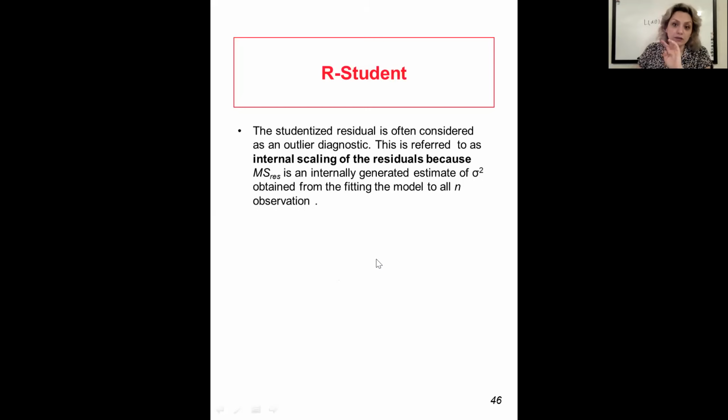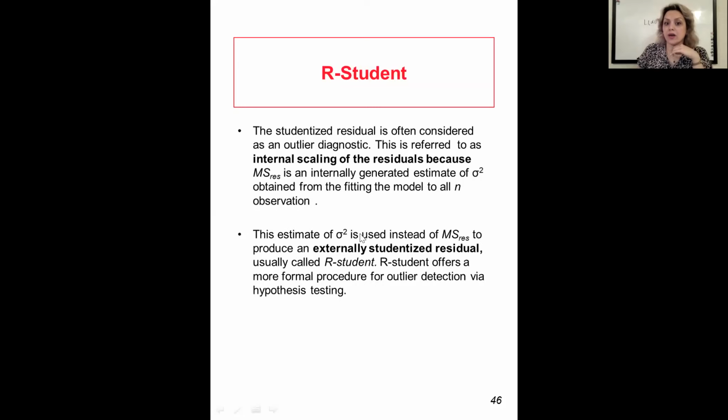The last one is the R student, and it comes like this. The studentized residual is often considered an outlier diagnostic, as we talked about. This is referred to as internal scaling of the residual, because the mean square of the residual is an internally generated estimate of sigma squared obtained from fitting the model to all n observations. So this estimate of sigma squared is used instead of the MS of the residual to produce an externally studentized residual.